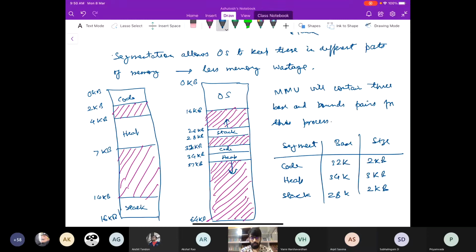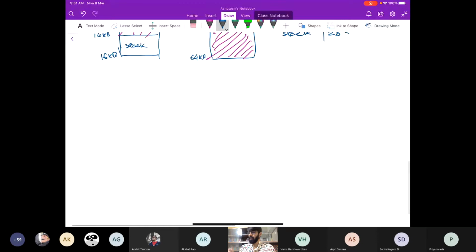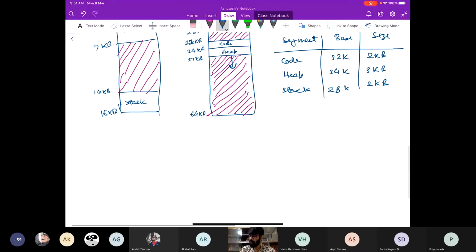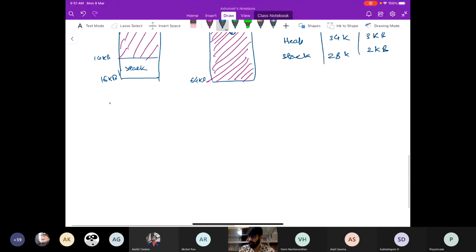We'll see how these things will be implemented in a moment. Since the stack goes upward, we'll keep it at the bottom. Actually, it's going to be 1 byte above the 28, but for our purposes, let's consider 28. So base and bounds registers store the values exactly as previously.